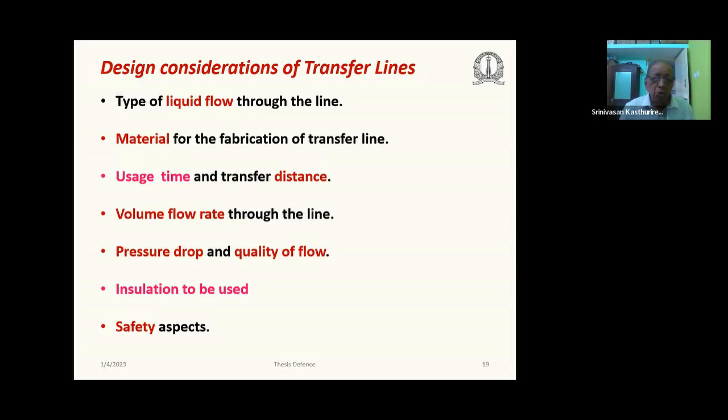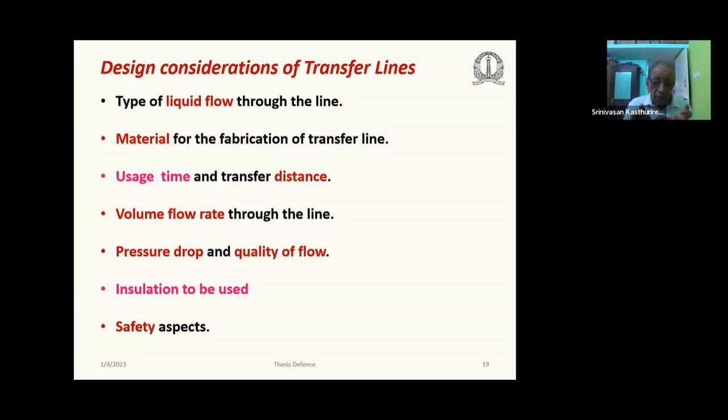Whatever we are discussing here is also equally valid for the design of a cryogenic system as a whole. Now, as far as cryogenic transfer lines are concerned, how long are you going to use the line? How much is your transfer? For example, are you going to use it continuously? What is the transfer distance? How far does it have to be transferred?